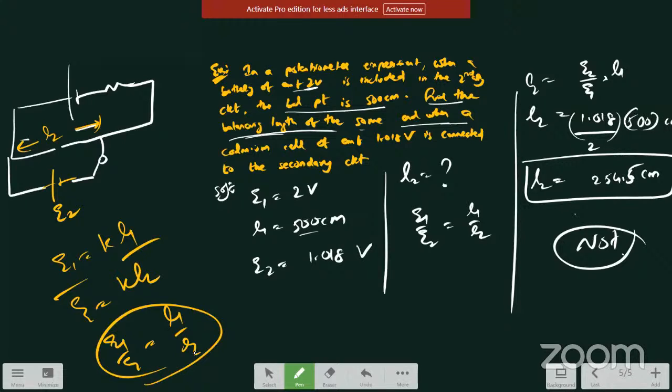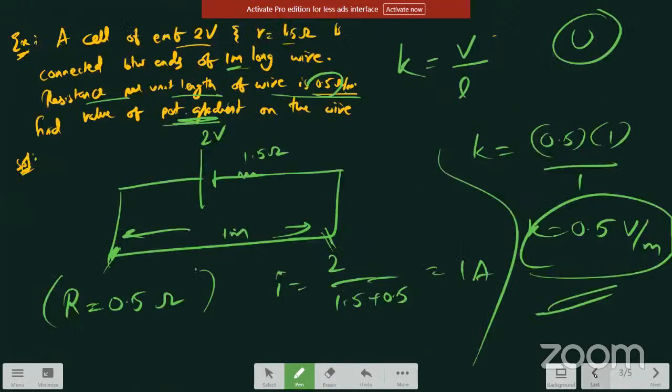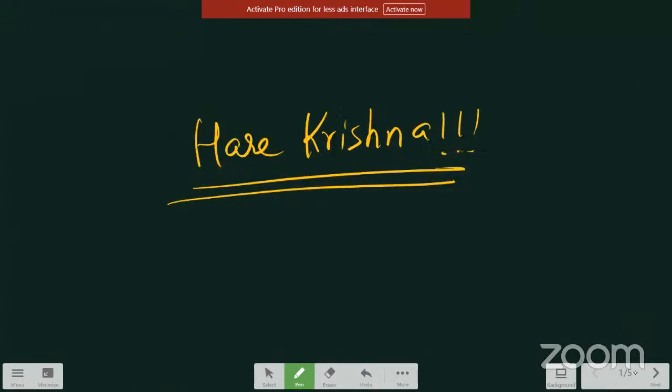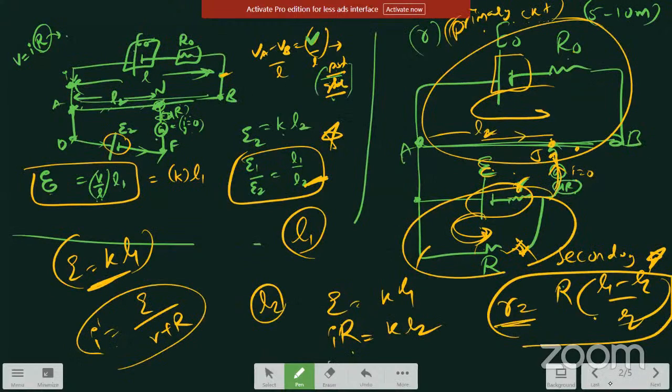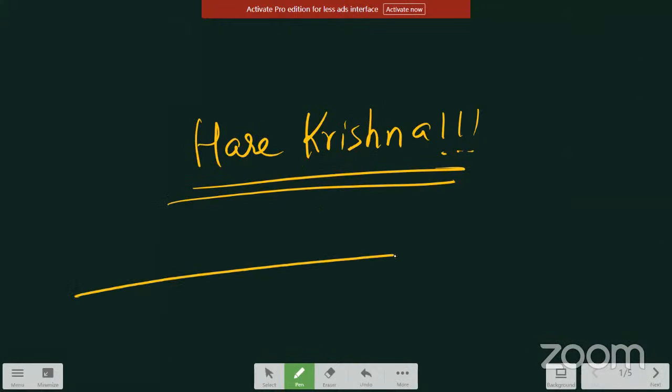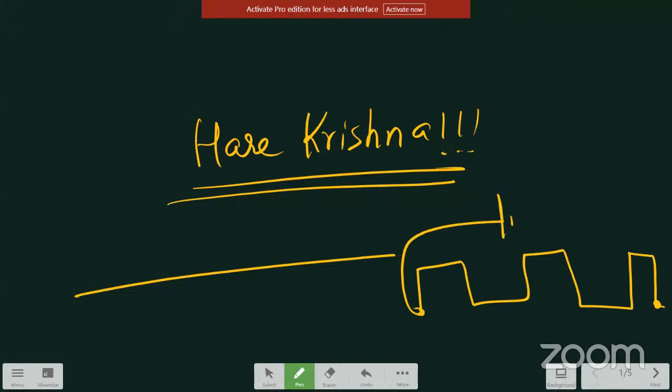That is the meter bridge, where the length of the wire should be completely 1 meter. But here it is not necessary that the length of the wire should be 1 meter. It can be 5 to 10 meters also. That's why we sometimes connect the wire in this way, bending it, because it will occupy more space.